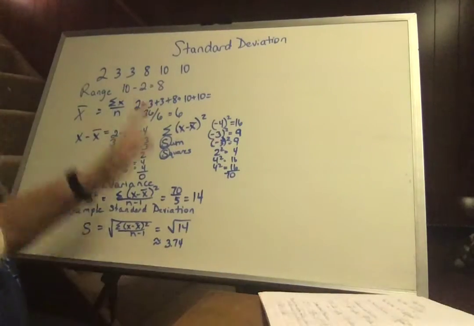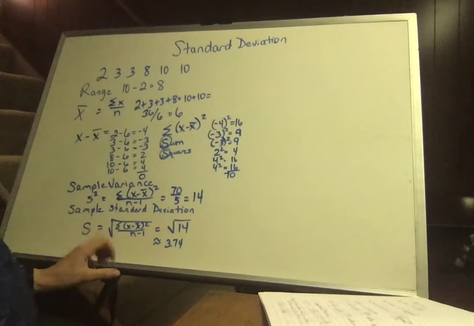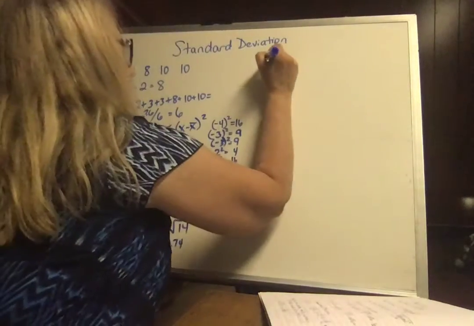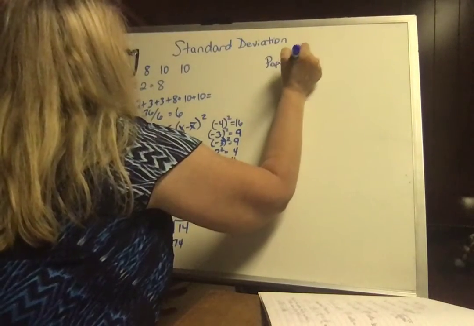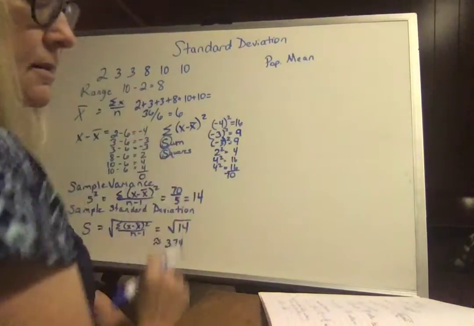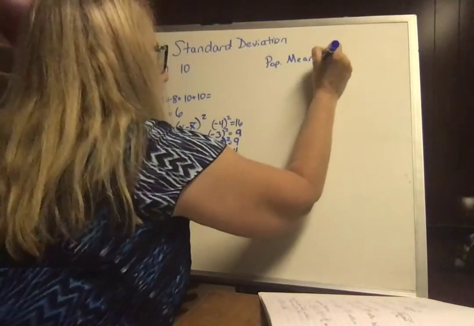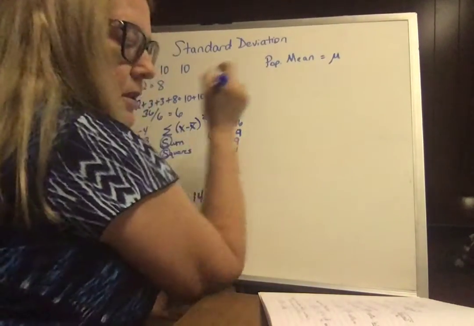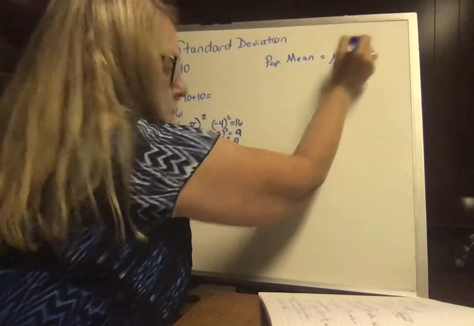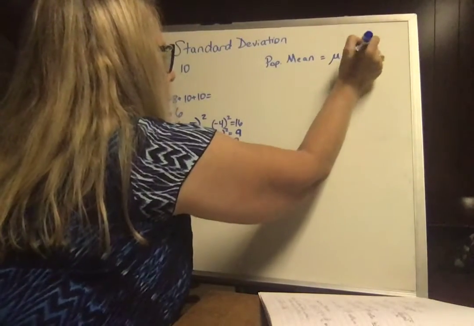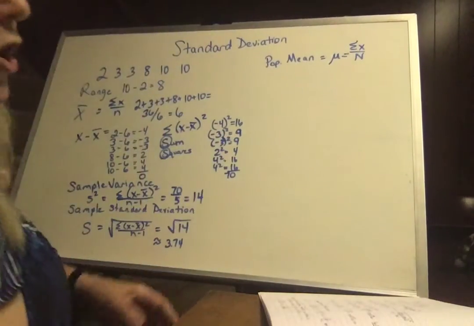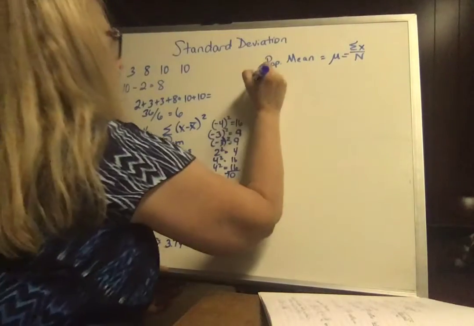Sometimes instead of just a sample, they will want the population mean. And they use the symbol mu equals sum of x over capital N, the whole number in the population.